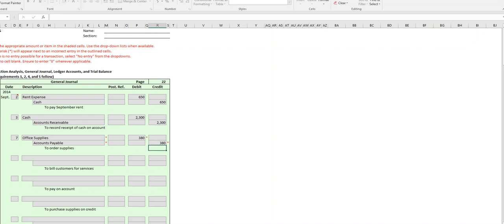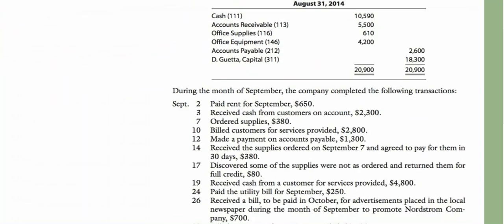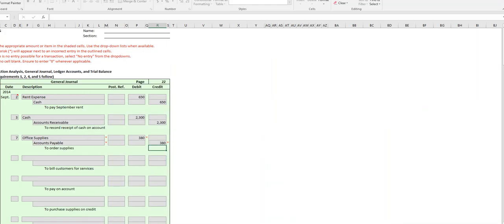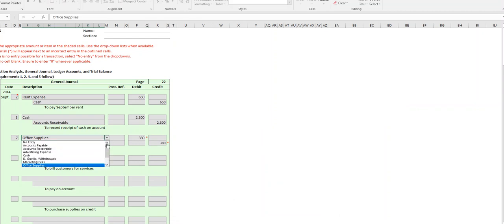Ah, that's wrong. Let's see, what did I miss? The 7th, order supplies, $380. See, the asterisk is telling me something I did was wrong. Ordered office supplies. I'm going to say this is a no entry because it didn't say we purchased anything.